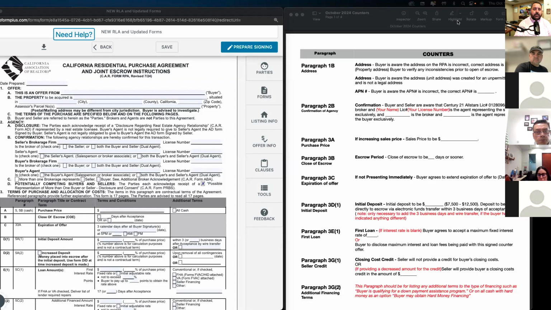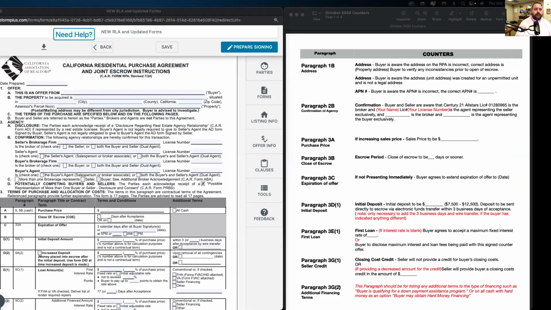All right. So really what you guys should be seeing right now is actually two pages. What we have is the residential purchase agreement, and we have a printout of some counters, right? What I've done is I've created kind of this guide for writing counter offers, and it goes by paragraph.